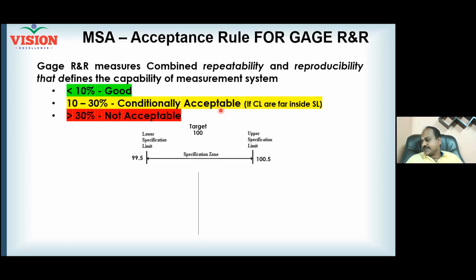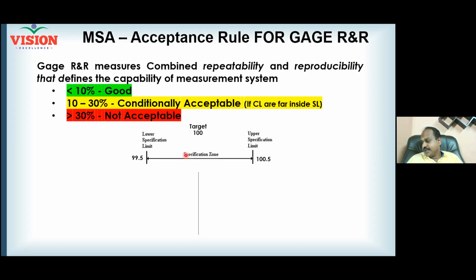What is conditionally acceptable? If your control limits are far inside the specification limit, then it is okay. But if your control limits are closer to the specification limit, I don't use this measurement system. Rather, I will try to improve it or buy a new one. But at any cost, if gauge R&R is more than 30%, it is definitely not acceptable.